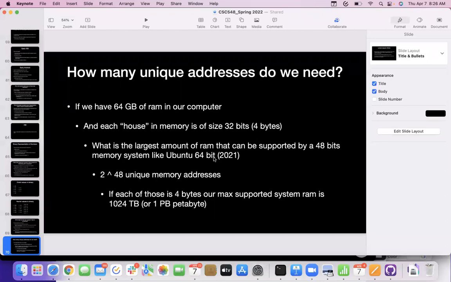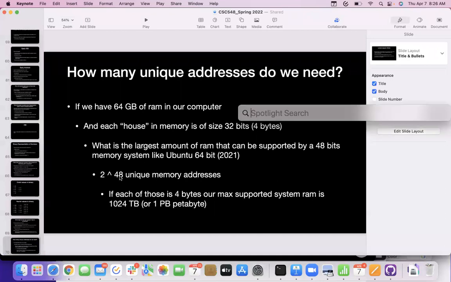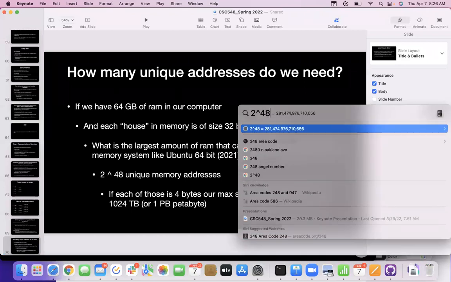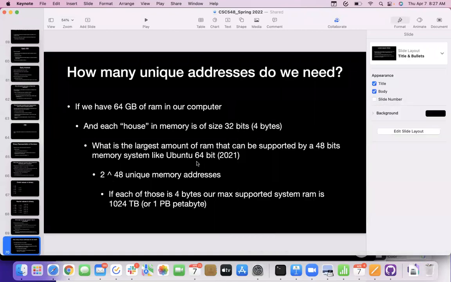What does that mean to us? That means we have 2 to the 48th power unique places in memory. What is that? Thousands, millions, billions: 281 trillion, 474 billion, 976 million, 710,656. So about 281.5 trillion unique places in memory that 64-bit Ubuntu Linux is able to deal with.